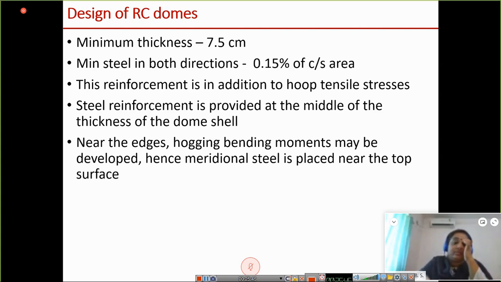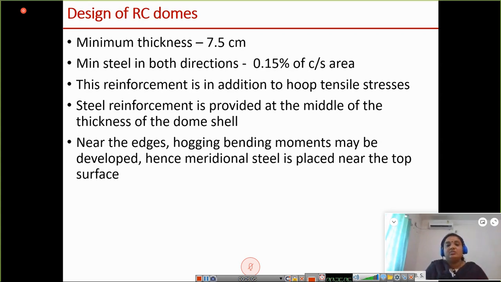Why are these thumb rules given? Because that will reduce your effort. Anyway, design is a trial and error process, so we need something to start with, and if you follow the thumb rules, your number of iterations can be reduced. So that is why we follow this.